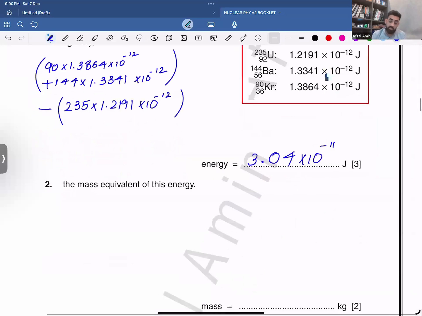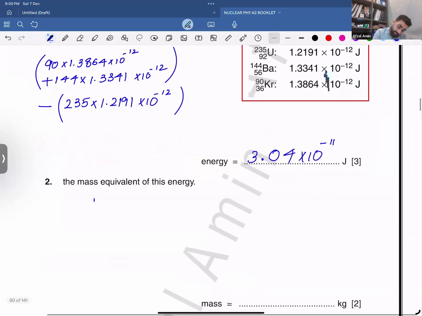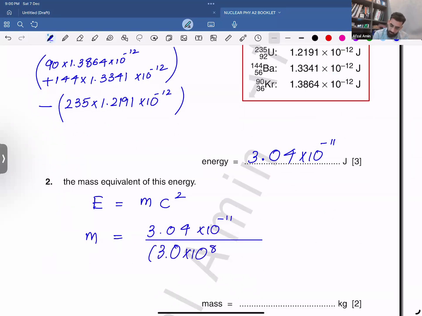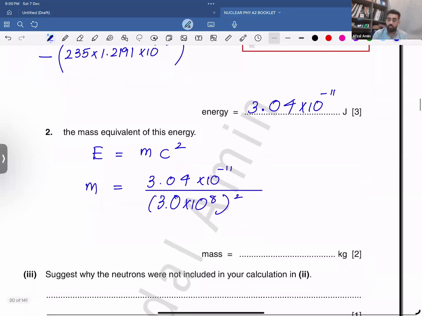Mass equivalent to this energy. Yes, mass energy formula. So M will be E over C square. It will be something times 10 power negative something.